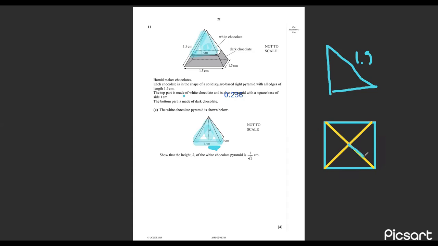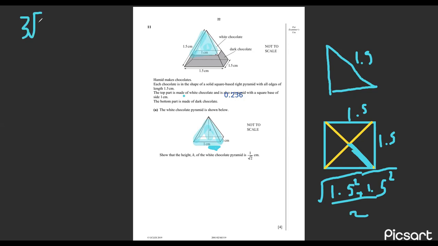We just need half of the diagonal. So we say the root of 1.5 squared plus 1.5 squared, and we need half of it, dividing by 2, which equals 3 root 2 over 4, or equal to 1.5 over root 2.